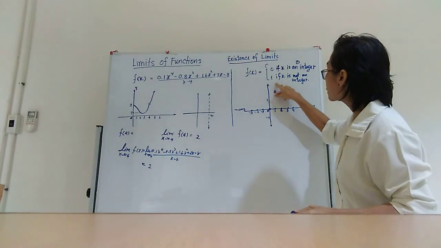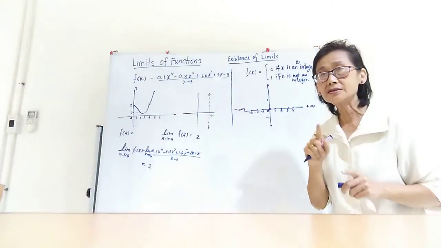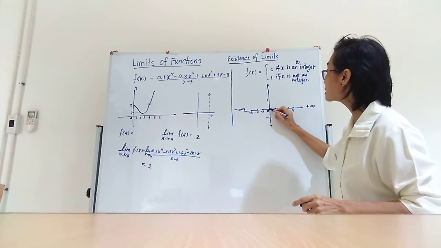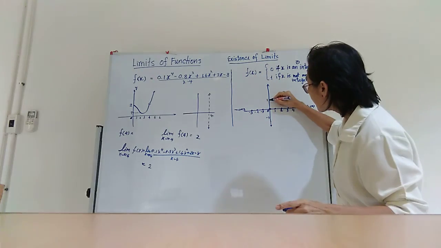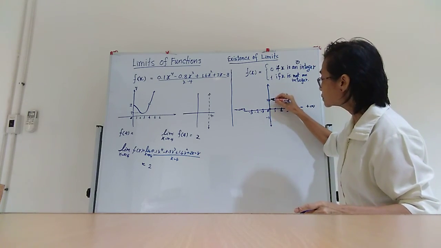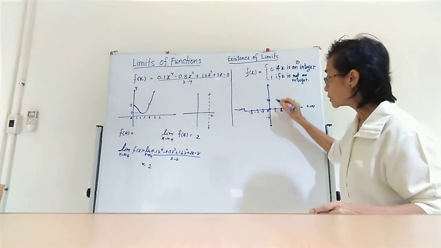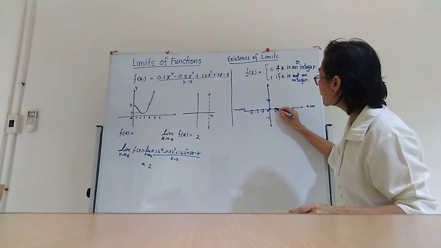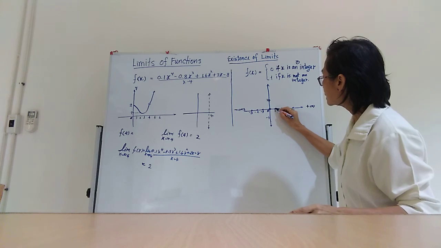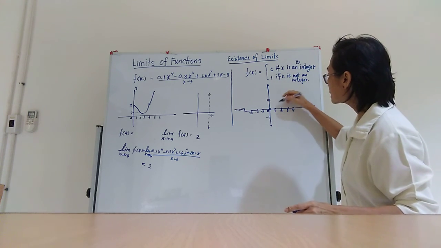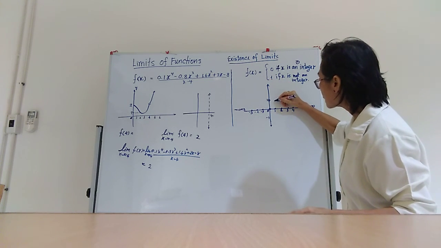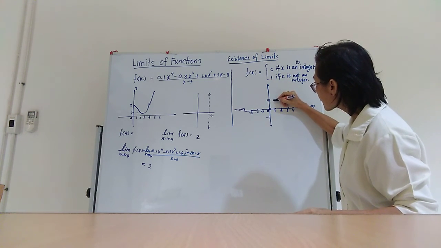If f of x equals 1 if x is not an integer. So 0 is an integer, so there you're going to have an open dot here, right? Because when x equals 0, this one should be an open dot. Next, 1 is an integer, so there is also an open dot, and so on.